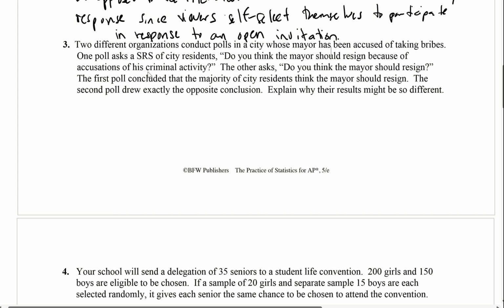Well, according to the wording of the question, those that read the question, do you think that they should resign because of accusations of his criminal activity, that would elicit a more negative response than if they had not included that wording, right? And so therefore the polls would have drawn opposite conclusions.